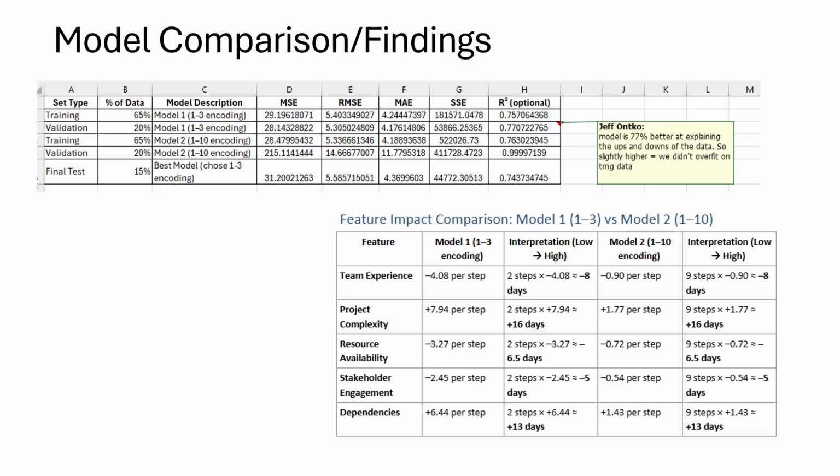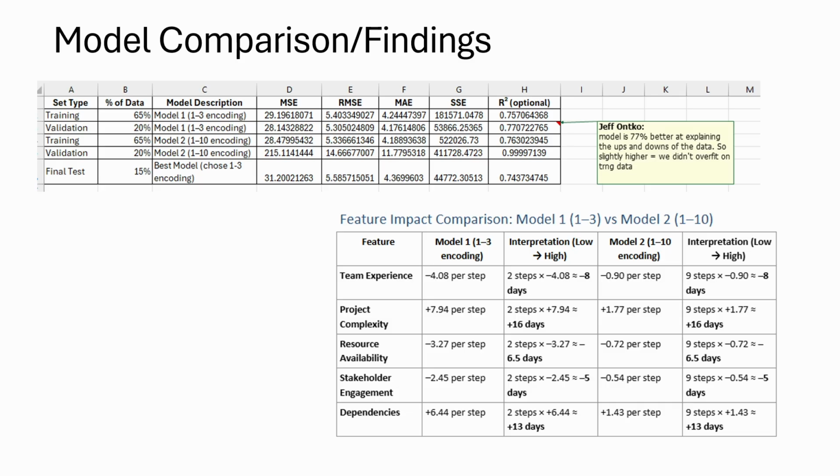Going from low to high added around 16 extra days of delay. In the 1 through 10 model, the coefficient was only about 1.8 per step, or almost 2. But across 9 steps, right, that still added up to the same 16 days. So basically, the same impact, which is surprising.